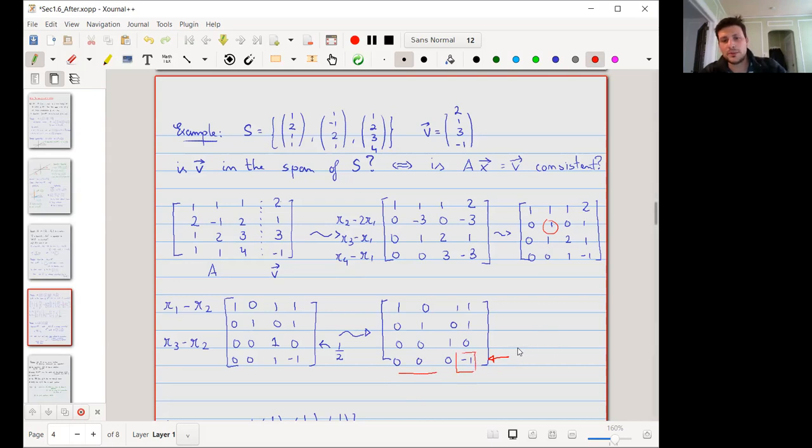This means that the system is inconsistent. The system Ax equals v is inconsistent, which is equivalent to saying that v does not belong to the span of S.